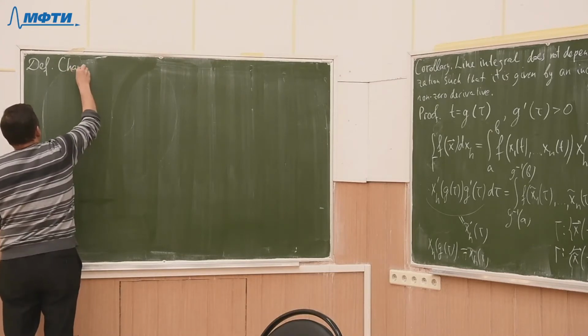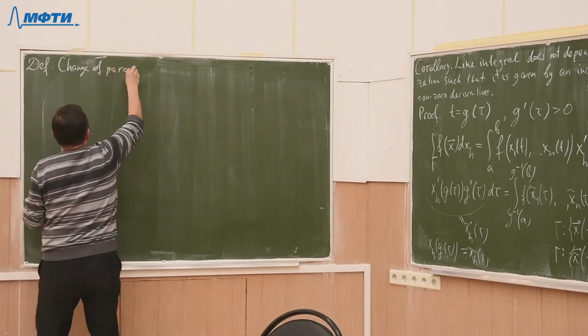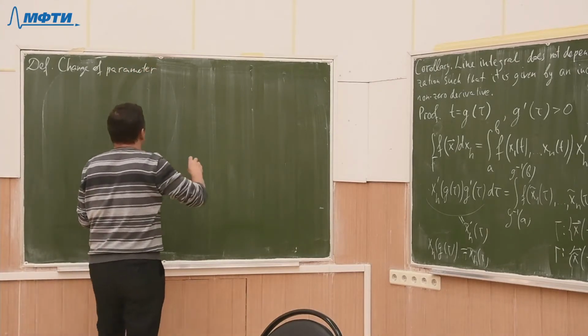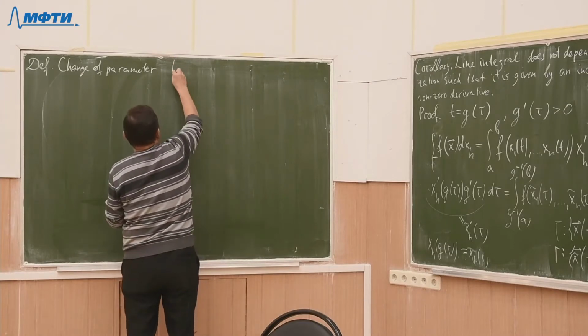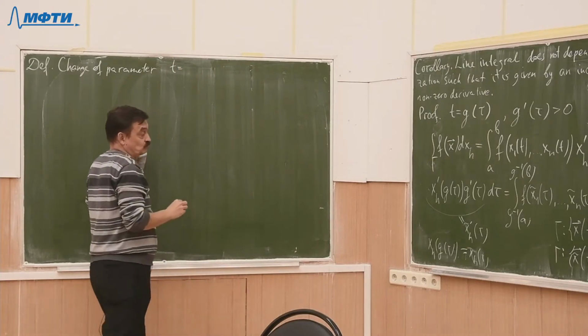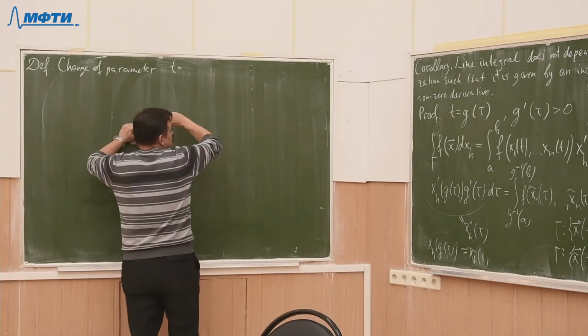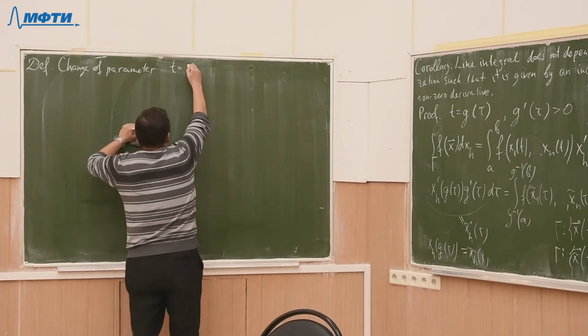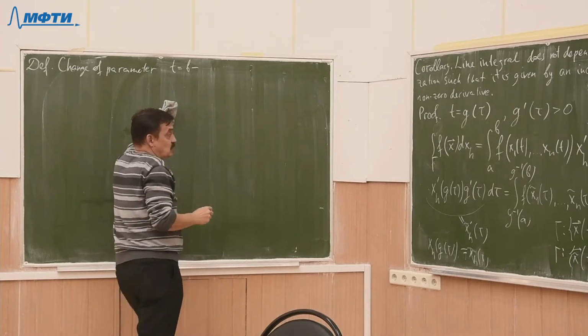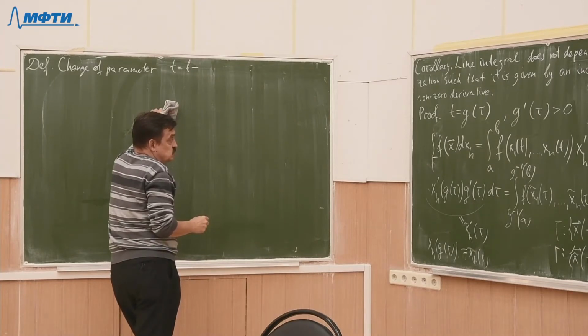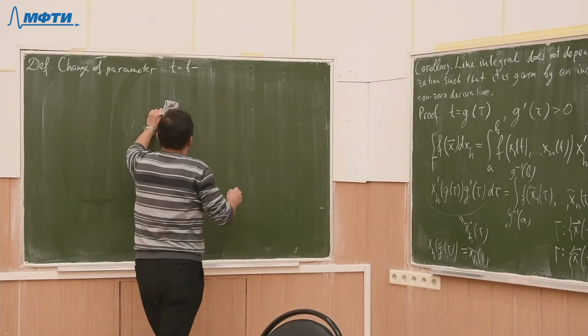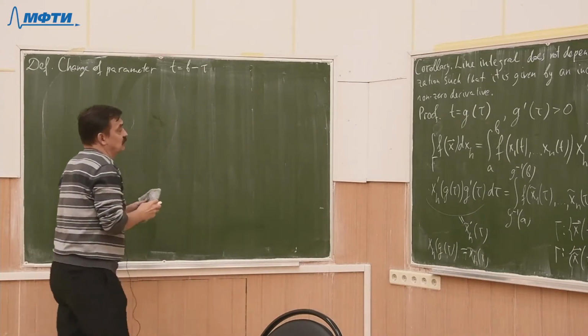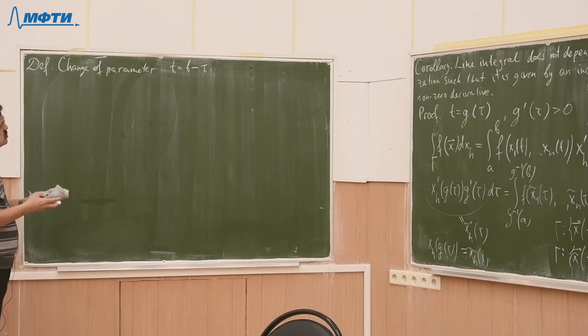Change of parameter, okay, let it be t equals b minus tau. Let it be like that. Maybe plus a.